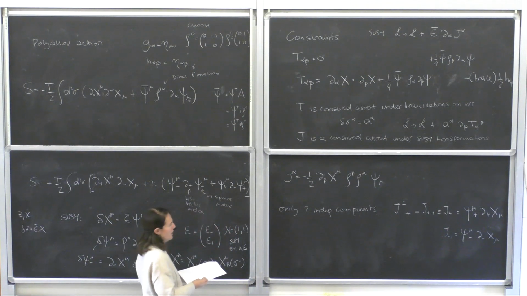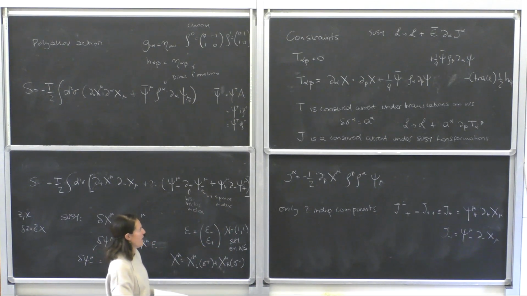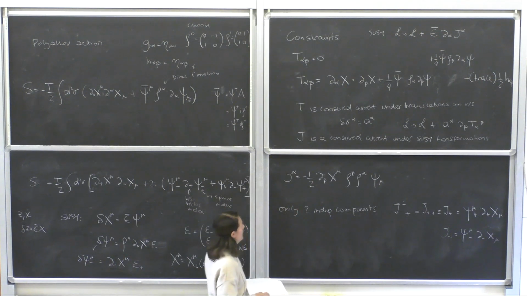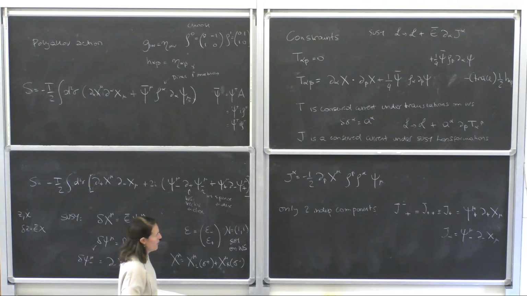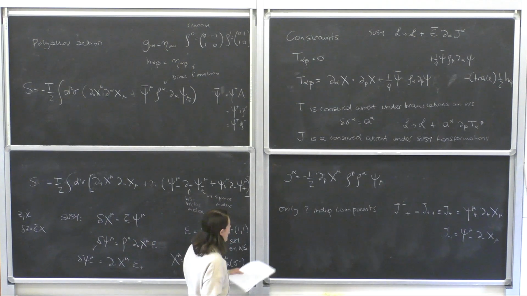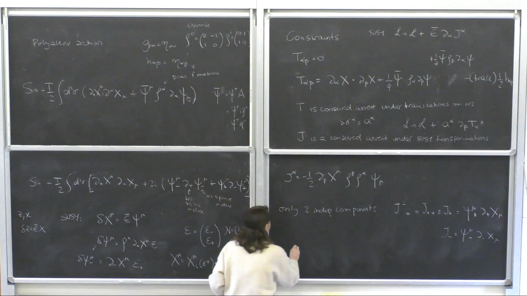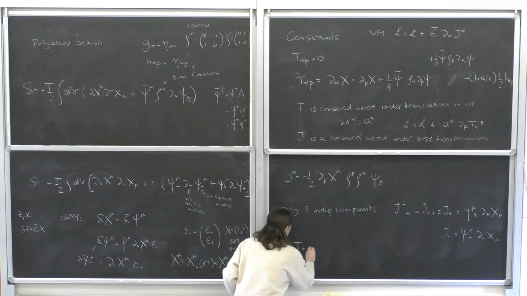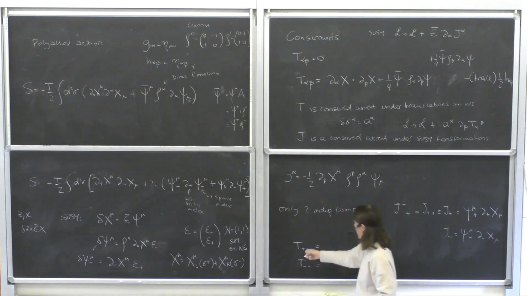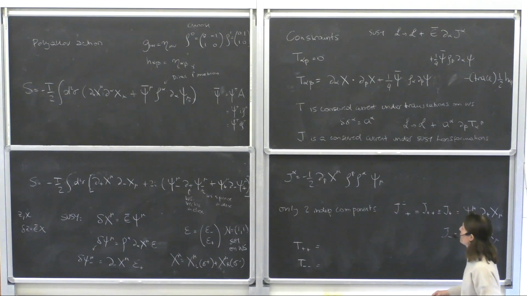So we will expand this in modes, and we will require that the modes of this current annihilate the physical states. And for the energy momentum tensor, also let me write, so there's only two independent components, which are T plus plus and T minus minus. Now, plus plus and minus minus here, they are both vector indices.